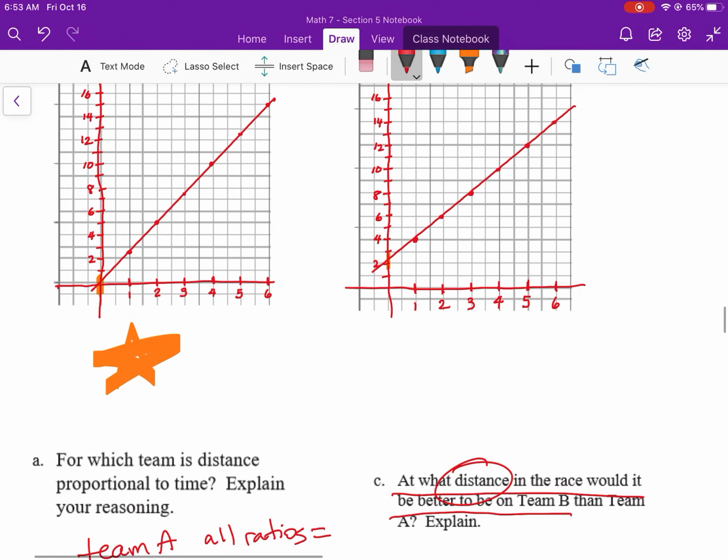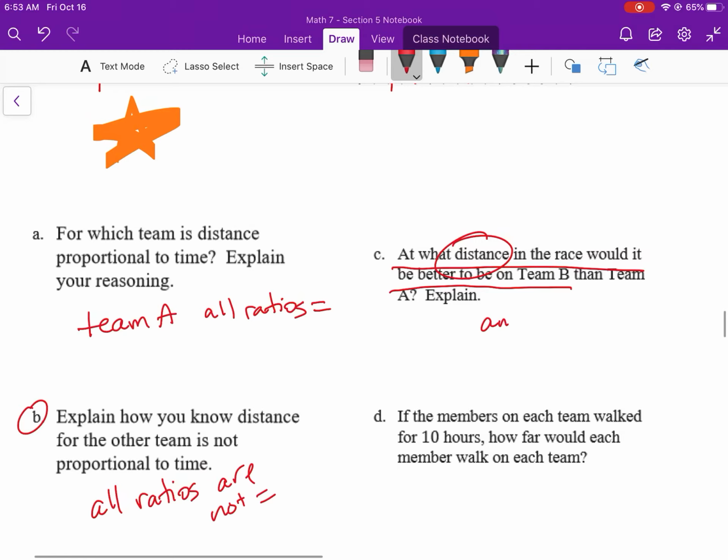Looks like anything less than 10, right? Any distance less than 10 miles, team B is faster. See how I'm writing all these words?